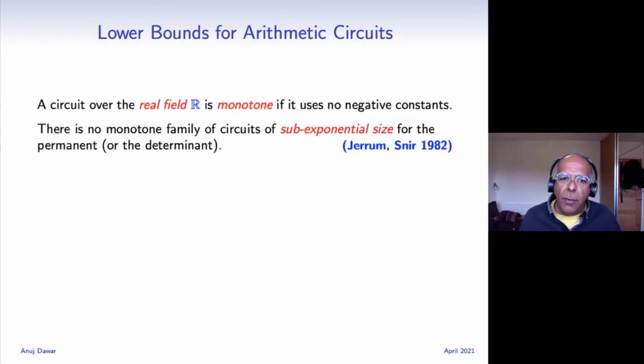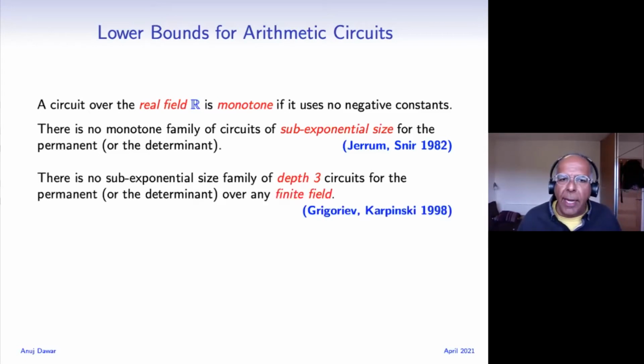Another significant restriction is obtained if you bound the depth of the circuit. The depth means the longest path from input to output. And it's known, for instance, that there is no sub-exponential size family of depth 3 circuits for computing the permanent over any finite field. Now, both these results have been generalized to other fields. I give you the original form.